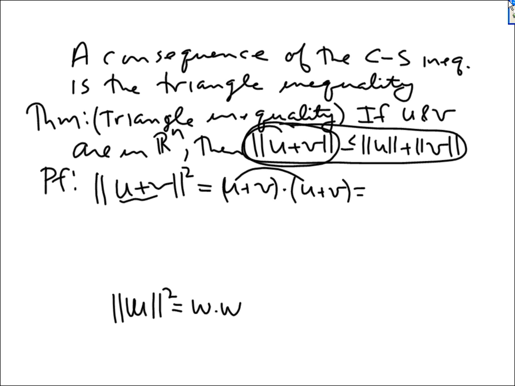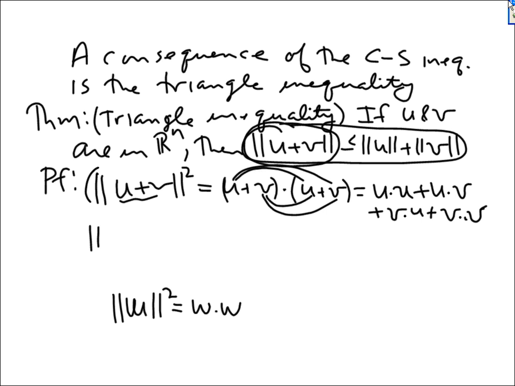So you get u dot u plus u dot v plus v dot u plus v dot v. So we have this.